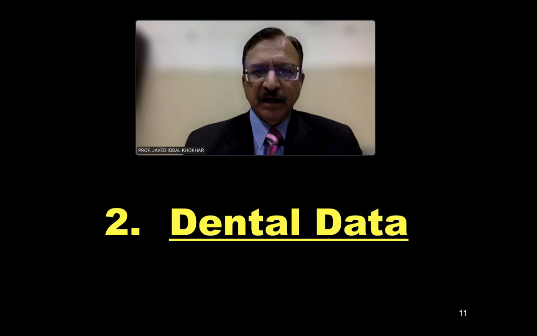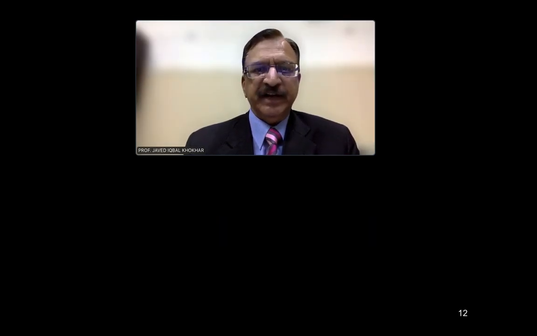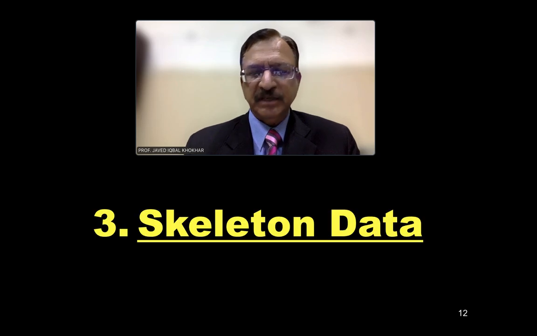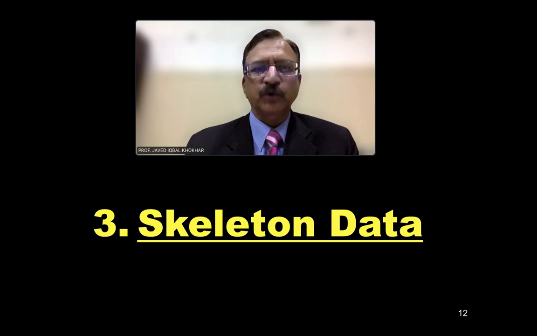And then it also includes the dental data. Dental data means any listing of the teeth, that means the primary, the secondary, in which state they are, and if any anomaly is there which has been corrected, that can be gathered.